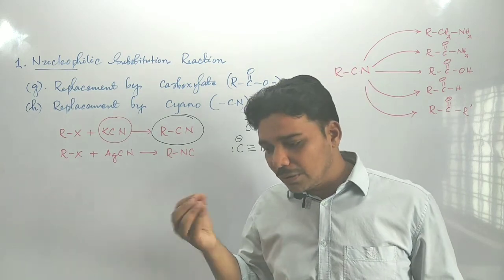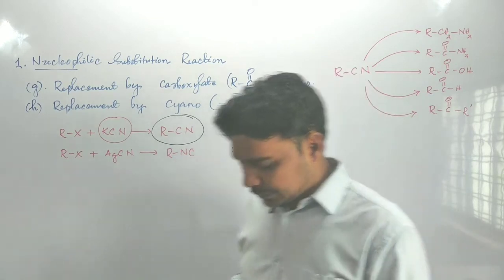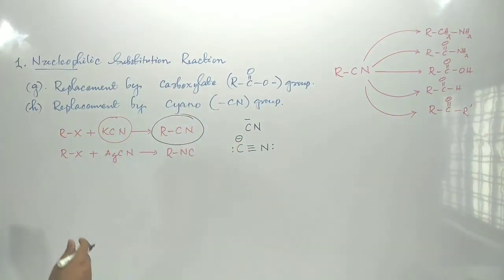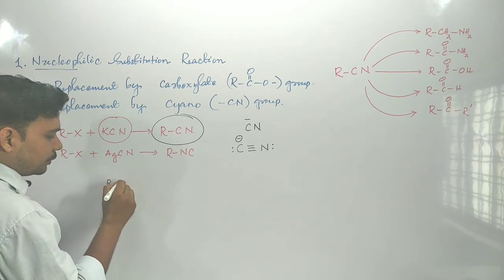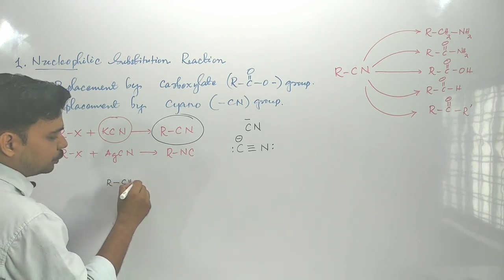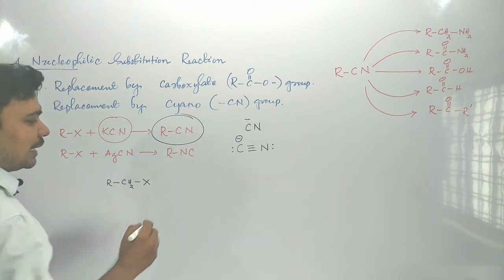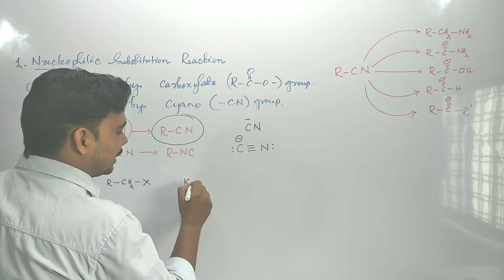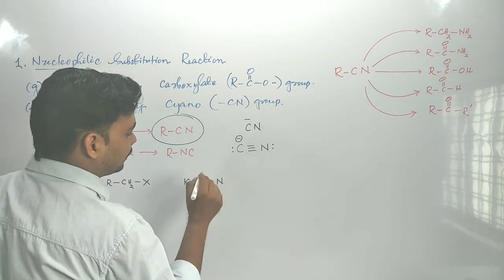Okay, this can also be understood in some different way. Let me try to explain it in a different way. This is your substrate molecule RCH2X, alkyl halide. When potassium cyanide is taken, this is your potassium cyanide.